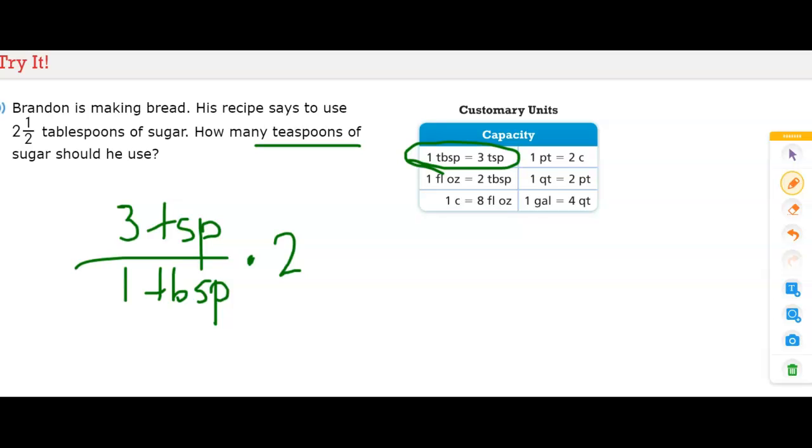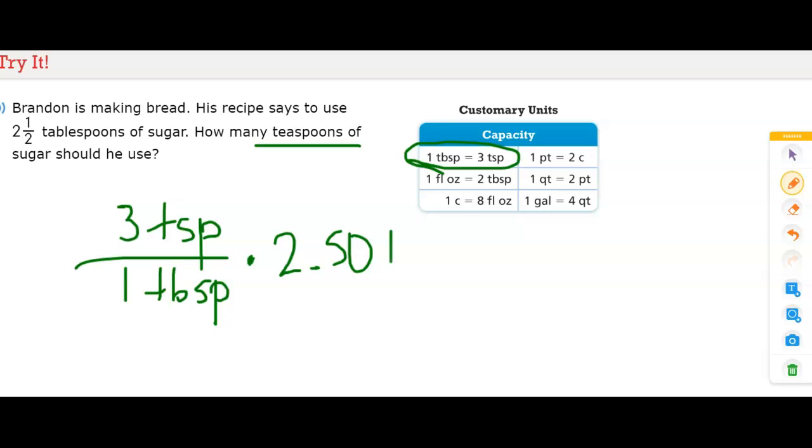And I am going to make my fraction that's a half into a decimal. And we know 1/2 is like saying 50 cents. So my decimal for 2.5 will be 2.50 or 2.5. Either way is fine.